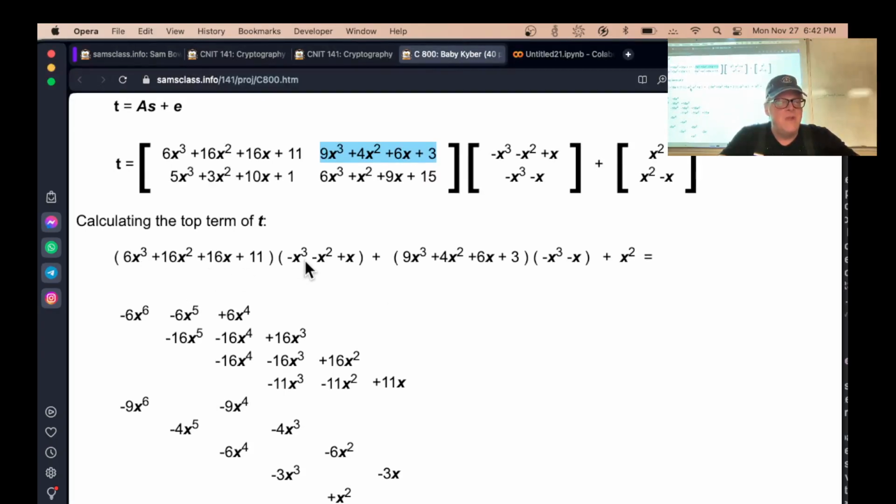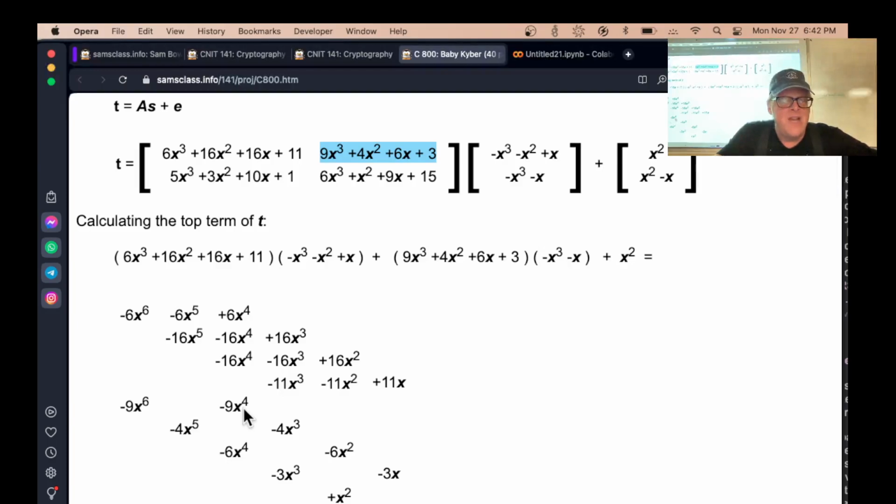6x cubed, this gives you minus 6x to the 6th, minus 6x to the 5th, by this times that. This times that is 6x to the 4th. And then you have the 16 turns in here, and 16x to the 4th, and 11. And I've just lined them up so coefficients in the same power are vertically lined up. Then you take the next one, 9x cubed times minus x cubed is minus 9x to the 6th.